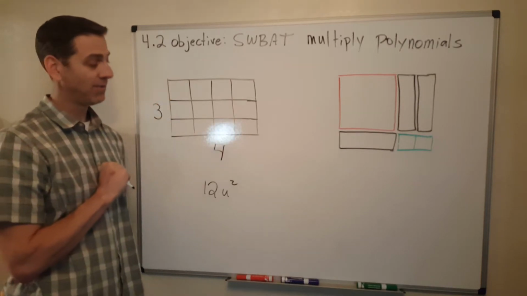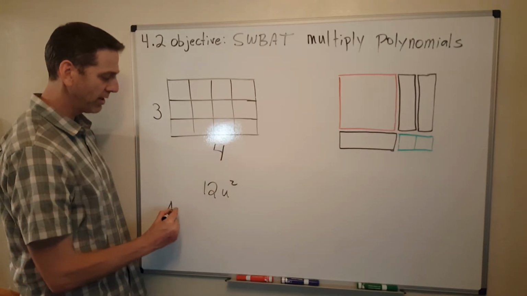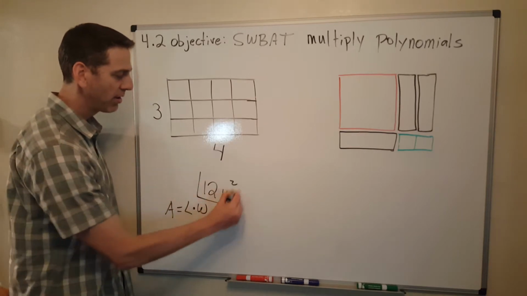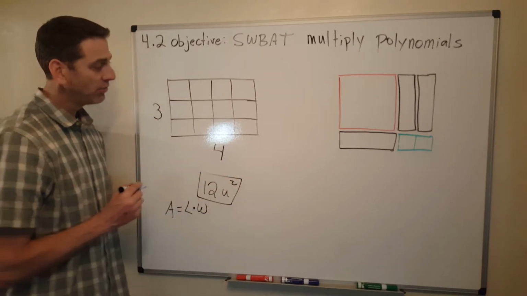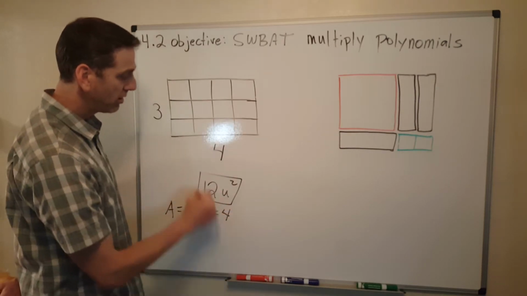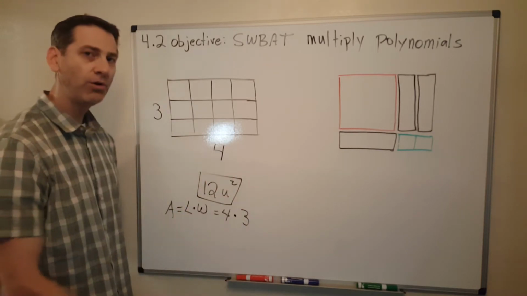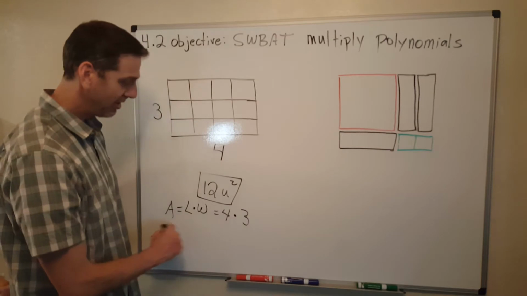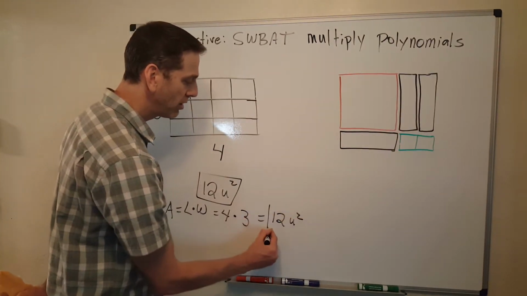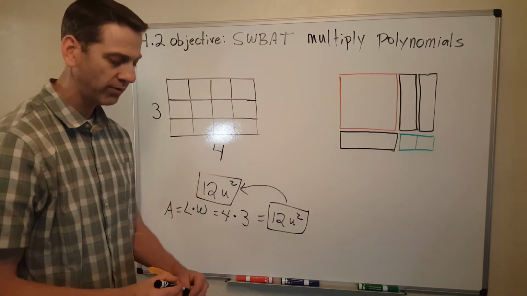There's a quicker way. We know that the area of any rectangle is length times width. So if I know my length is 4 and my width is 3, then I know, as long as I know my multiplication tables, that my area is 12 square units, which is exactly what I got when I just counted up the squares.